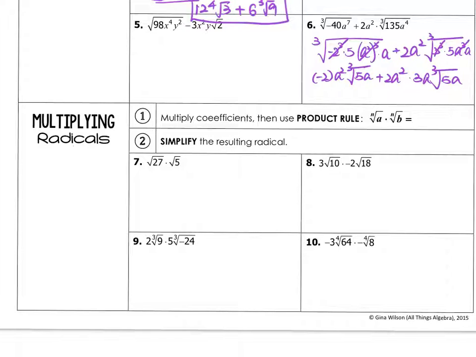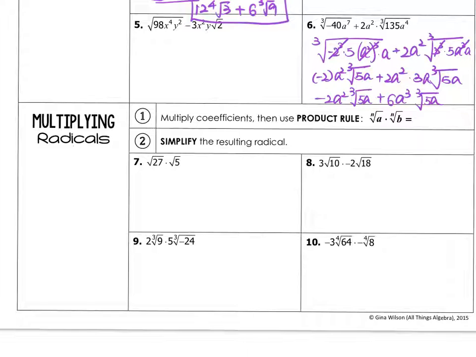So now what do I have? I have negative 2a squared cube root of 5a plus, this would be 2 times 3 is 6, 6a cubed cube root of 5a.